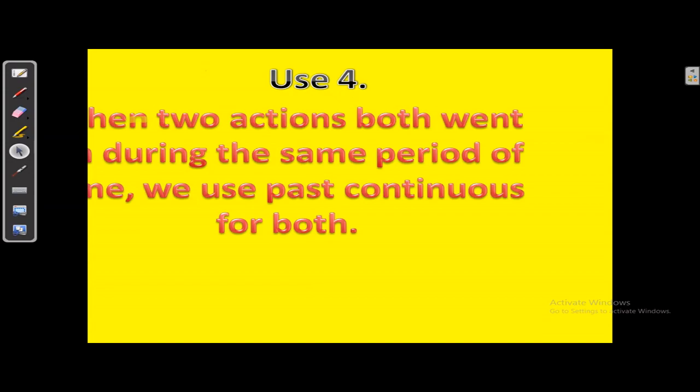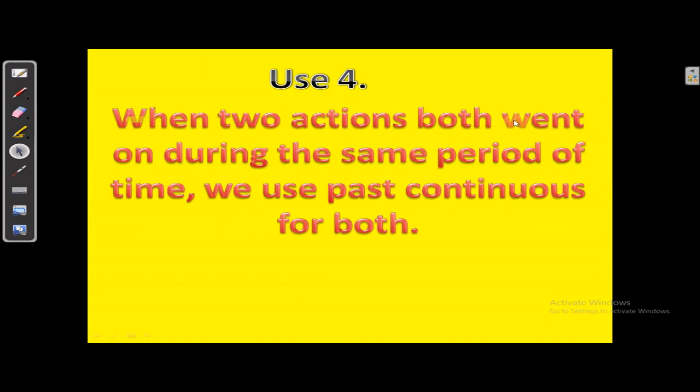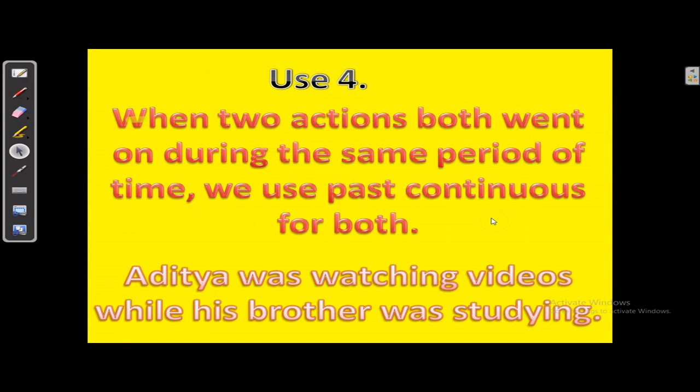Now moving further, like I was saying, when two actions both went on during the same period of time, we use past continuous for both the clauses. Now you see, Aditya was watching videos while his brother was studying. One action is done by Aditya, another is done by his brother.